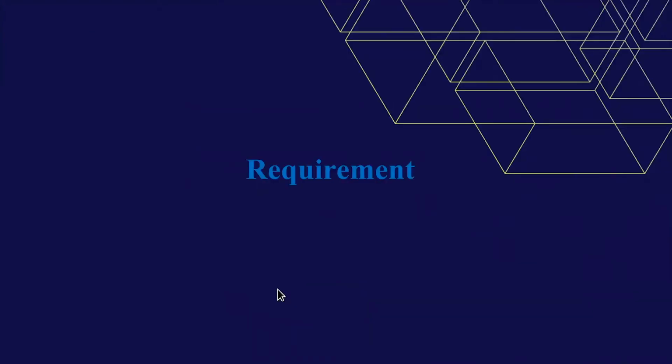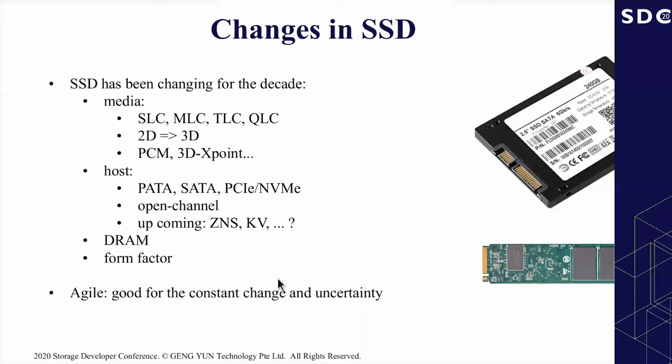So, why do we need a new NVMe SSD test tool? In the last decade, many fundamental changes have happened to SSD. For example, the NAND flash has been evolving from SLC to MLC, TLC, and QLC, from 2D to 3D, and other post-NAND materials like PCM.